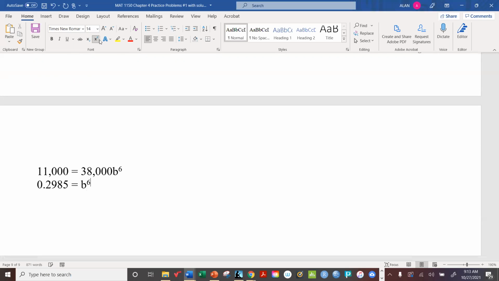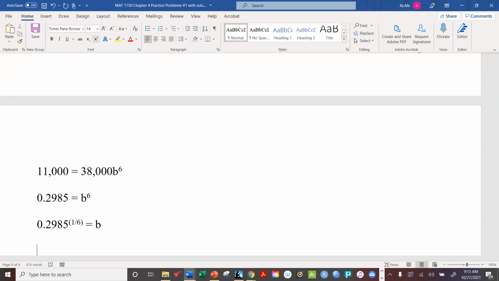Now we know the trick now, what to do next. We're going to raise both sides to the 1/6 power. So here I raise this to the 1/6 power, and therefore that gives me just plain B on the right-hand side.